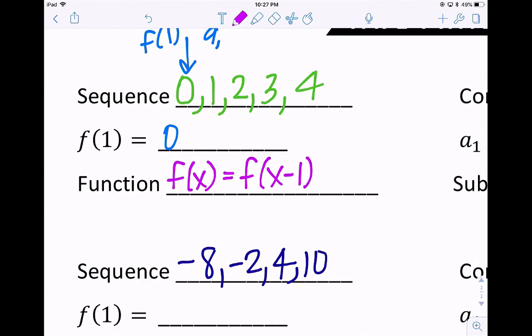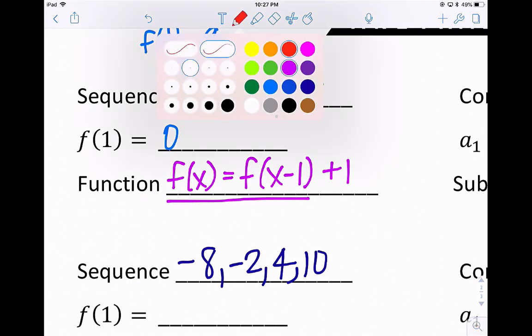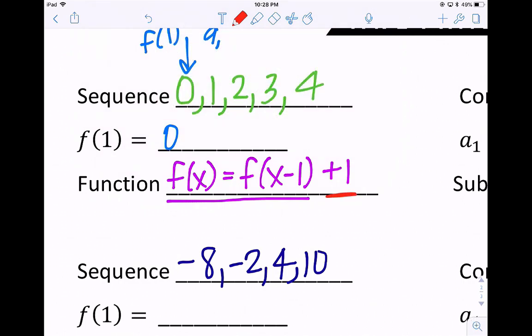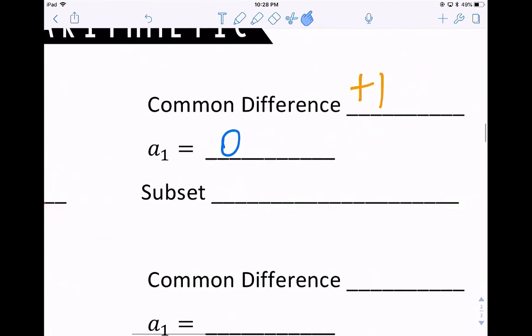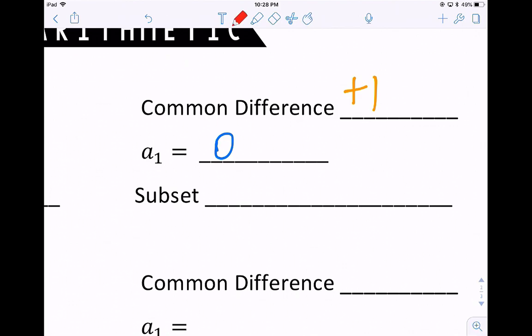Because to go from 1 to 2, I had to know that 1 was there. To go from 2 to 3, I had to use the 2. So I take the previous term and I add 1. The +1 comes from my common difference. This part right here is just how we write it. The only part that's really important that you need to figure out is this +1, and that +1 came from right here where our common difference was +1.